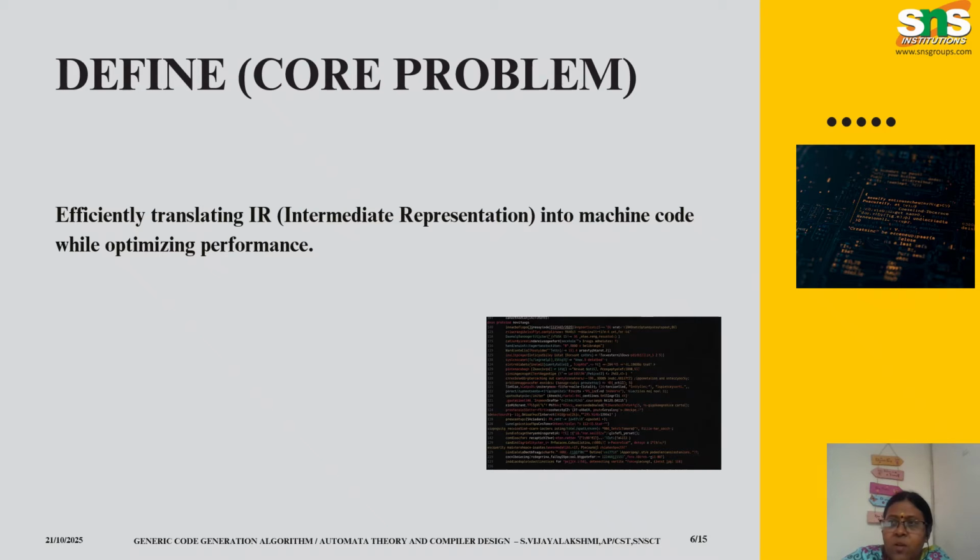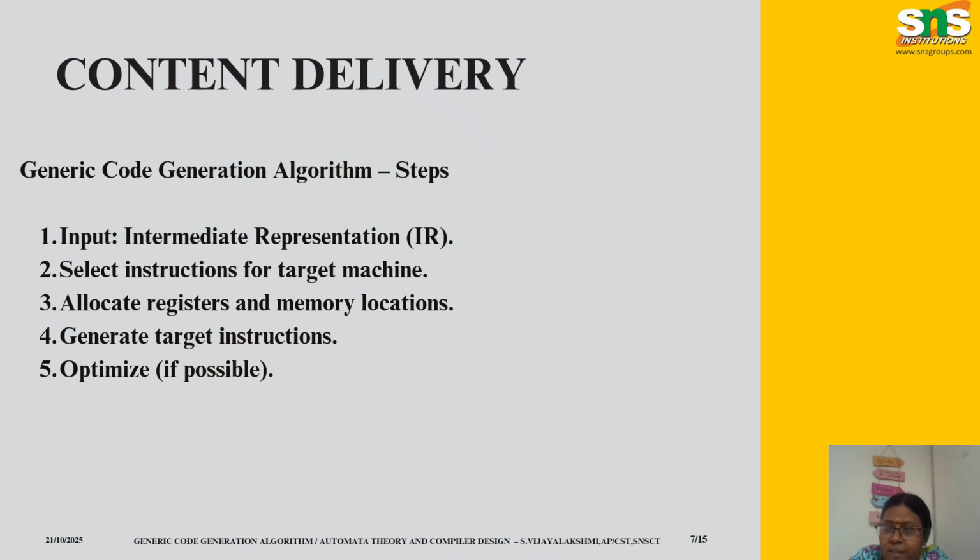The key problem is how to translate IR into optimized machine code for the target system efficiently, correctly, and with minimum resources and optimal performance. Which machine instructions to use, how to assign registers, and how to minimize the instruction count.